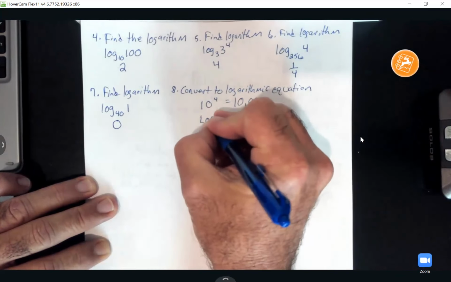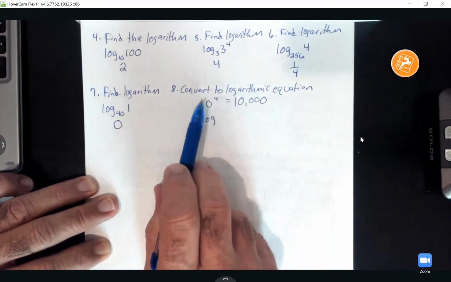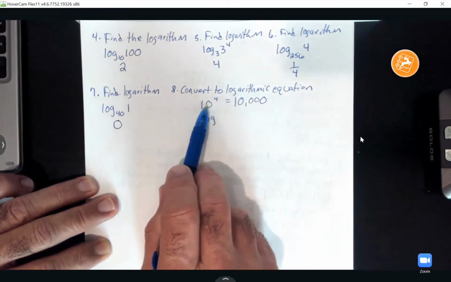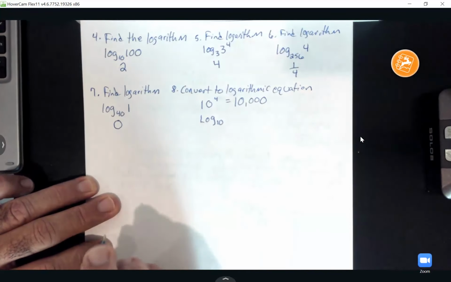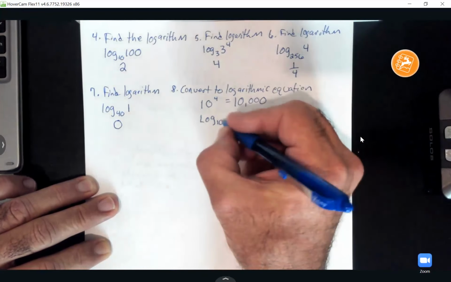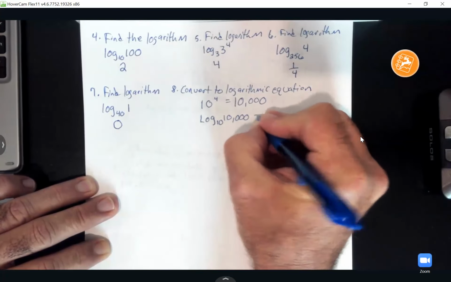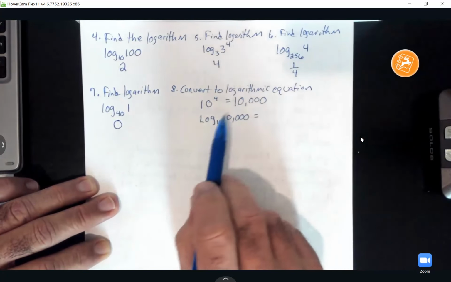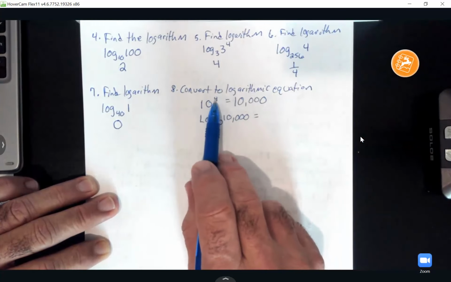So we write log. The base of this log will equal the base of the exponential equation. So since 10 is the base, 10 will become the base of our log. The result is the 10,000 we got. And the exponent that would turn a 10 into a 10,000 is the 4.